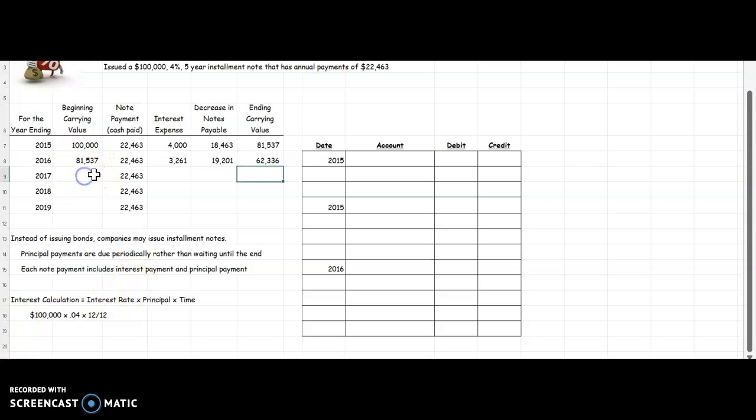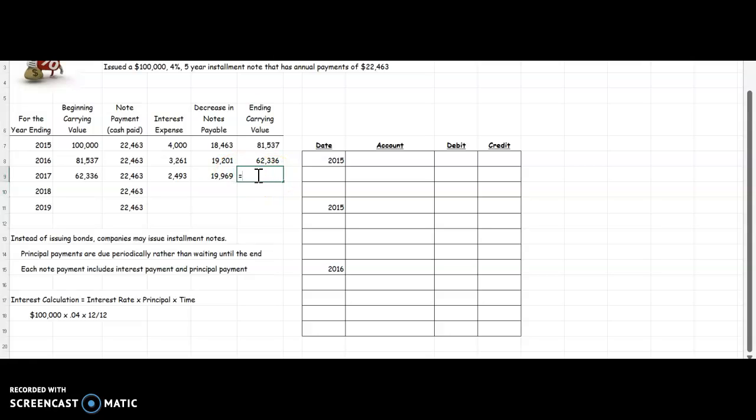And let's do one more year and then we'll copy the formulas down. So my beginning carrying value is always the ending from the year before. My interest expense is equal to my beginning balance times 0.04 times 1. Decrease in notes payable is always the amount of the cash paid minus the portion that goes to interest expense.